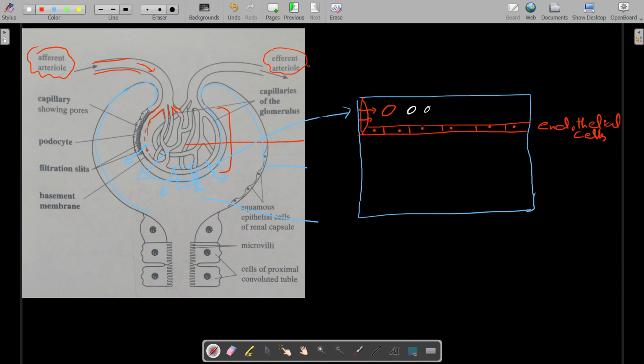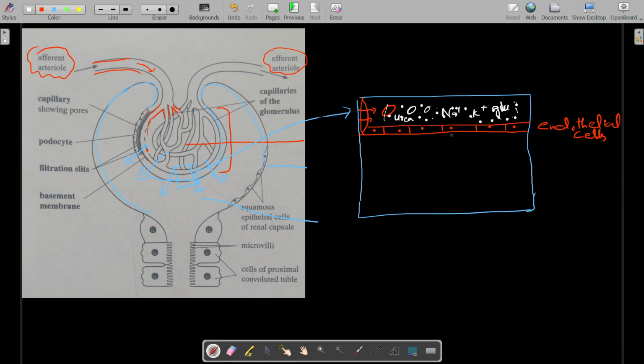There are electrolytes in it like Na positive, K positive, H positive, bicarbonate ions, glucose, and urea. There is a lot of water which makes up most of your blood. So most of these substances leak out into this space.